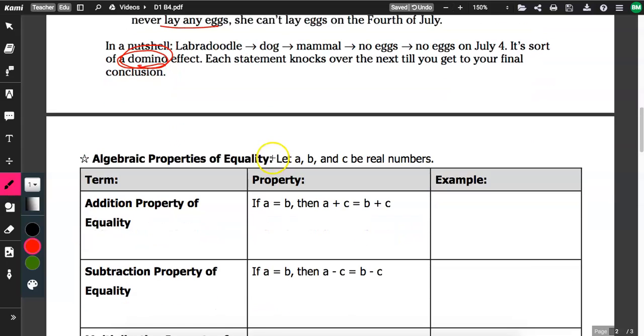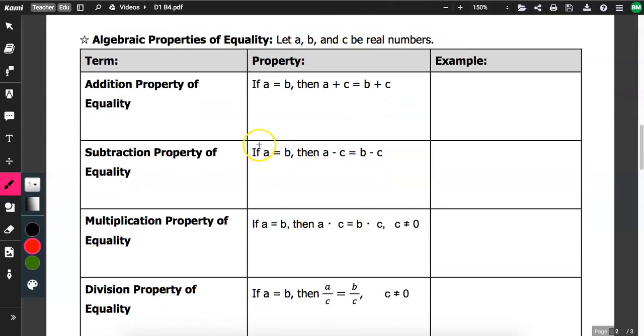So when we write mathematical proofs, we want to remember some of our algebraic properties. These are all the properties that you've used to solve equations, but we're just going to refresh our memory on the names for them, so when we reference them in proofs, you have that in the back of your head. Our addition property is what allows us to take steps in solving equations.